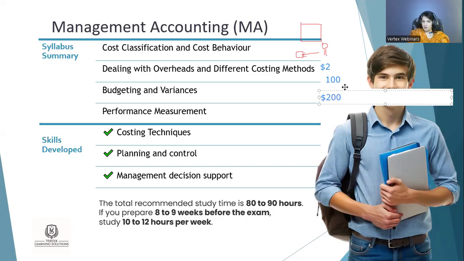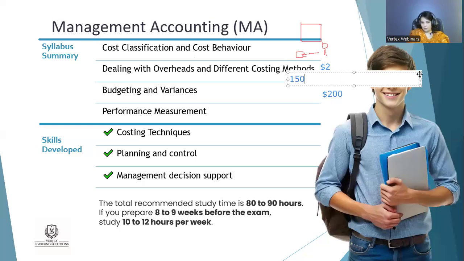So cost can behave differently. To this employee, you are paying $2 for each unit he makes. So when he made 100 units, he earned 200 that day. The next day, the same, but he made, let's say, 150 units, so he is going to take $300 home.